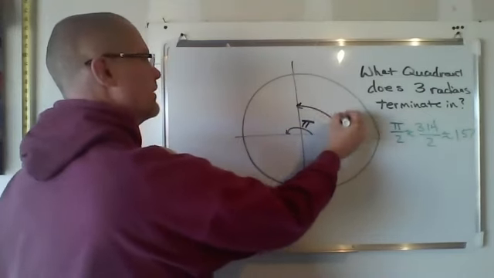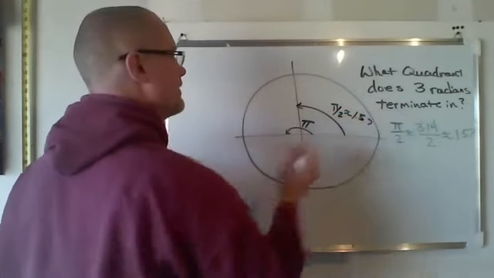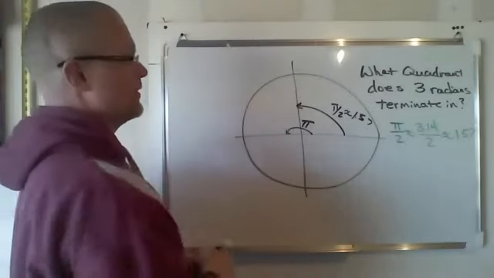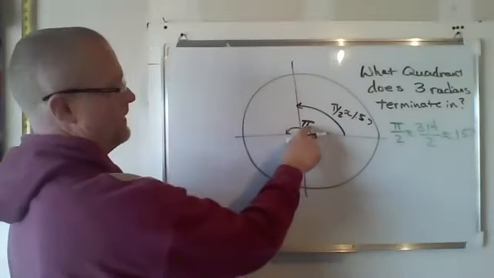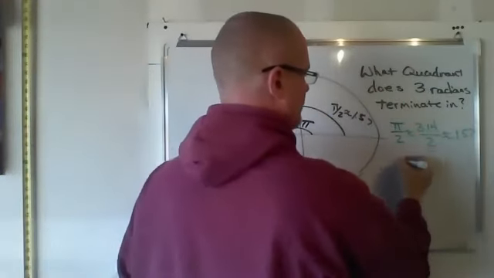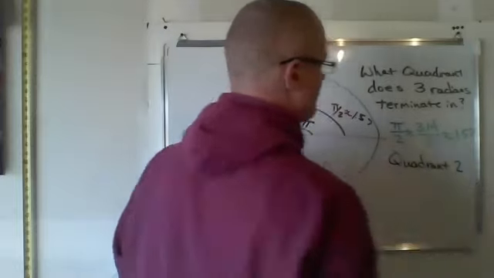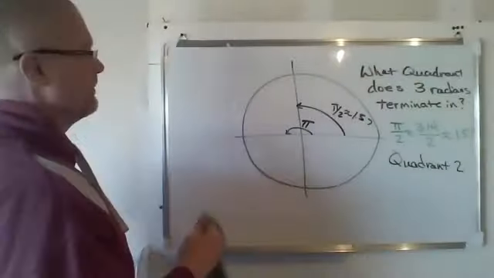Going to here would be pi over 2, which is approximately 1.57 radians. So where do we really live? We live in quadrant 2. It terminates in quadrant 2 because 3 is between 1.57 and 3.14. So the answer is quadrant 2. So it's sometimes a good idea to be able to know what those are as a decimal.